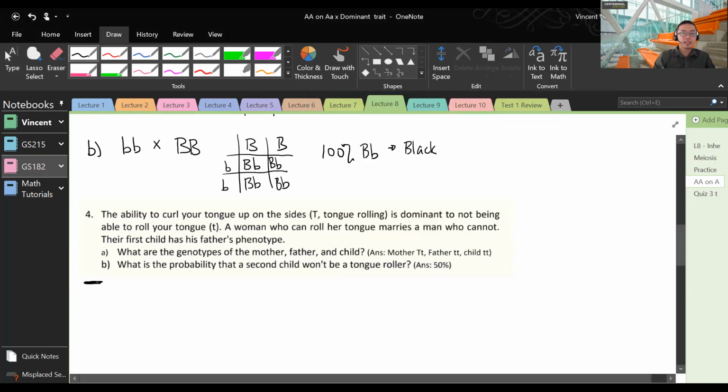So big T means is a roller. You can roll your tongue. And small t is non-roller. All right. Because it says roller is dominant over non-roller, right?